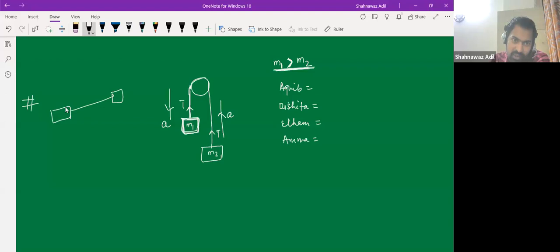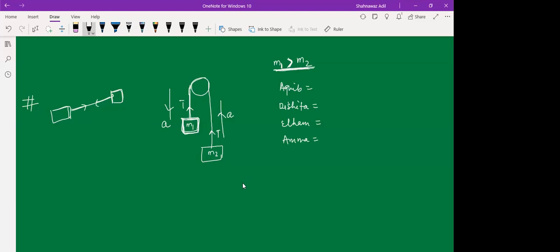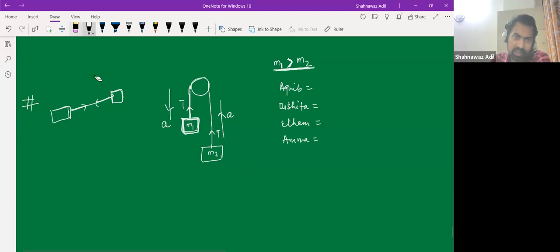For this mass it would be in this way, and for this mass it would be in this way. So it is always against the direction of the mass, right? Okay, so this was the question. Now you know the tension.